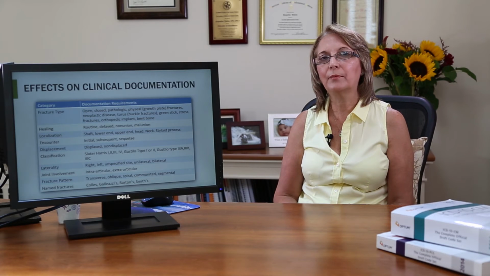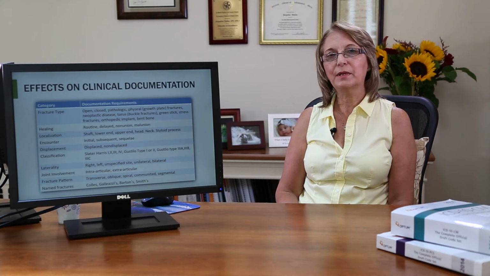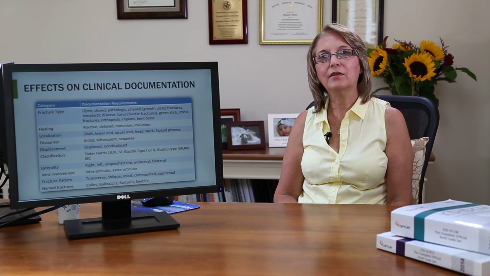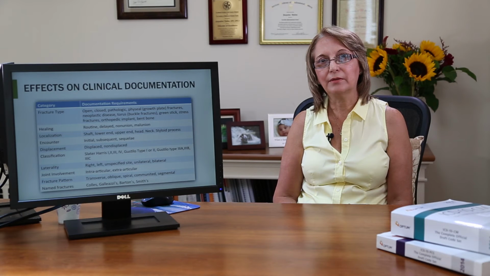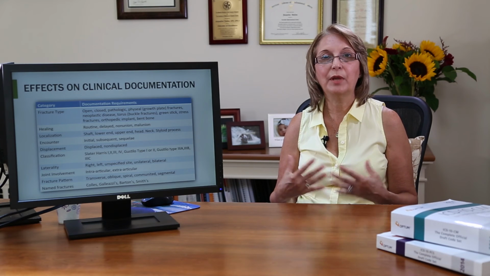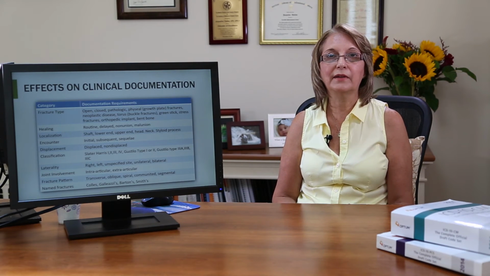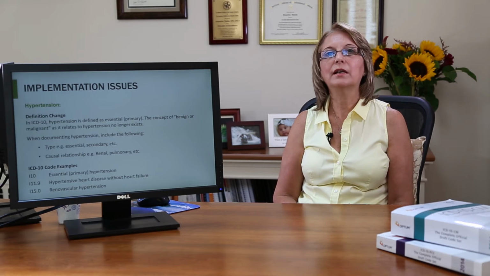Categories would be whether the fracture is healing, whether it's a fracture type, and the clinical documentation requirements you could see are listed under each of those categories. For example, if we're talking about healing, they want to know: is this fracture delayed healing? Is it non-union? Is it malunion? So this is the type of documentation we would be looking for in that patient's note in order to select the appropriate ICD code.